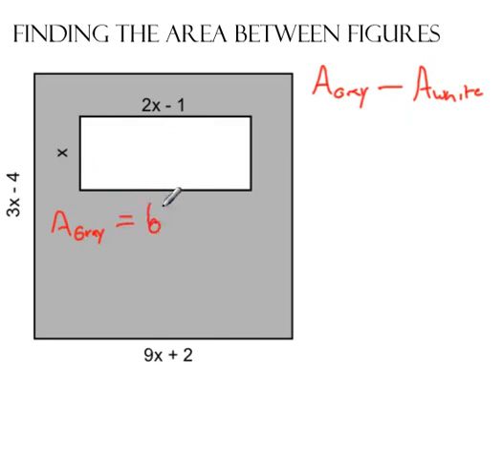That's going to be base times height. So in this case, base and height are perpendicular. I can use whichever one I want. So I'm going to say 3x minus 4 times 9x plus 2. And now I'm going to distribute this, and for space's sake, I'm going to do this quickly.